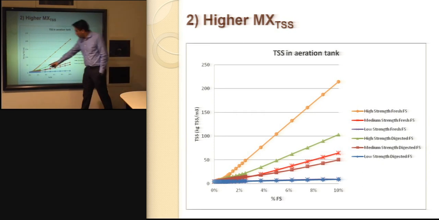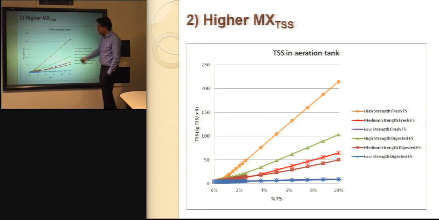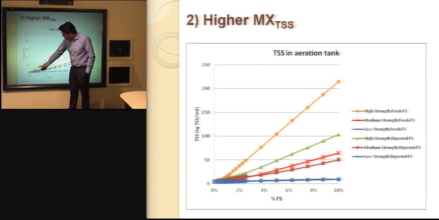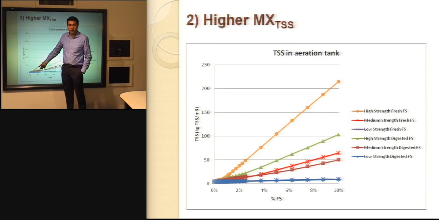We can estimate the minimum concentrations. And it can be seen that already with concentrations of about 2%, the increase in solids concentration can reach up to 40 kilograms of total suspended solids per cubic meter.